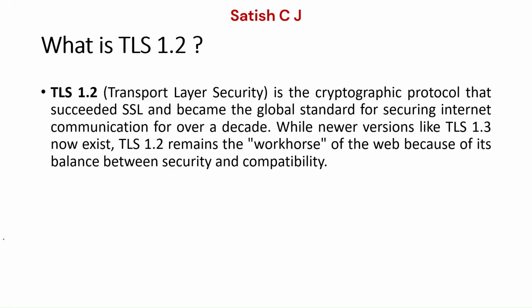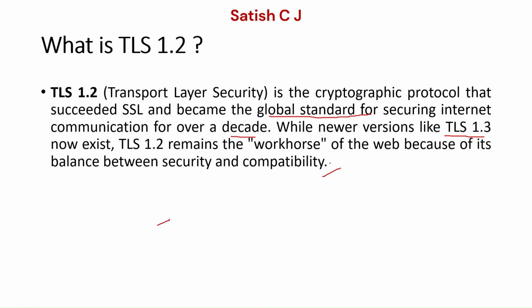So SSL 3.0 got succeeded by TLS 1.2 and it became the global standard for securing internet communication for over a decade. Now we have newer versions like TLS 1.3, but still TLS 1.2 remains the workhorse of the web because of its balance between security and compatibility.